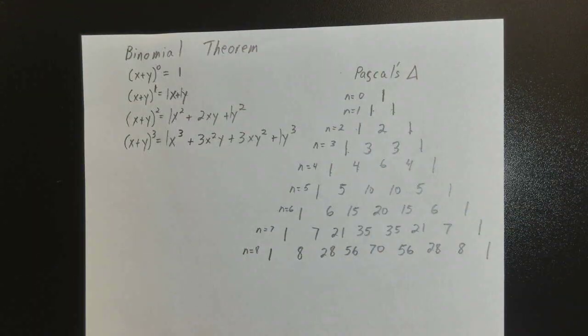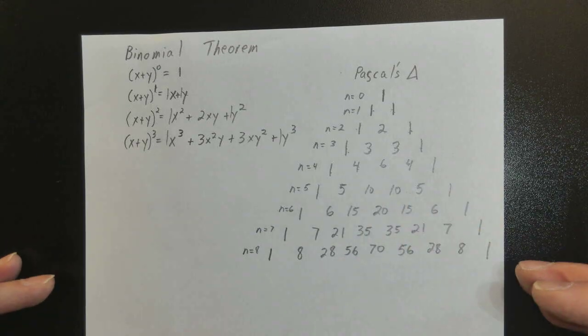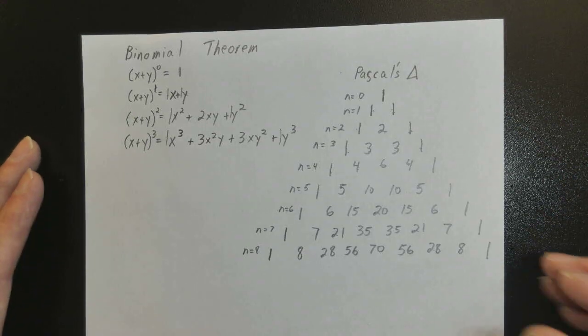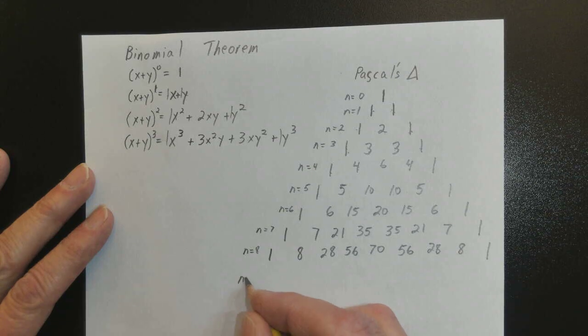So I need you to be able to generate Pascal's triangle. All right? Does everybody understand? If you've been following along, try the 9th row. Let's see what you get. Or n equals 9.